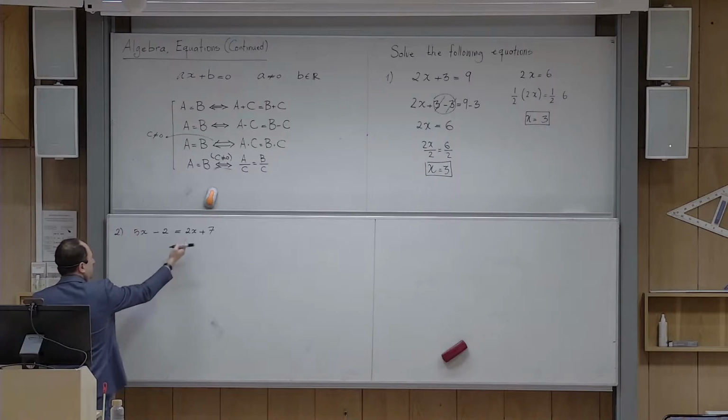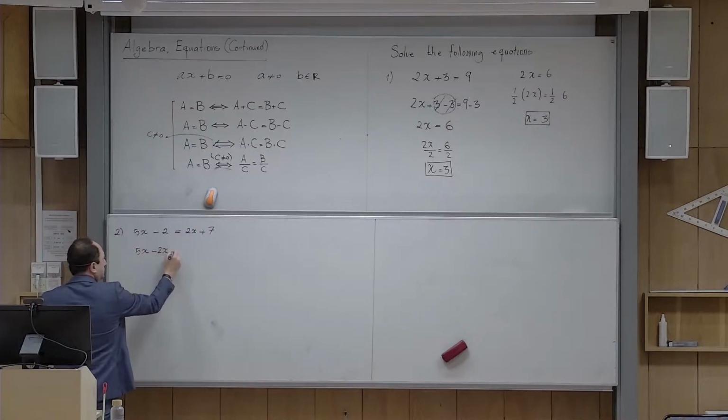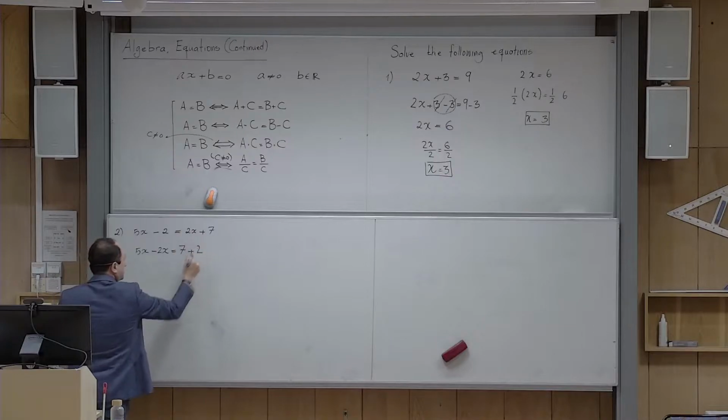For example, I move this 2x from the right to the left. Okay, so I have 5x is already there. I move 2x to the left. It becomes minus 2x. And then I have 7 on the right, and I move minus 2 to the other side. It becomes positive 2.